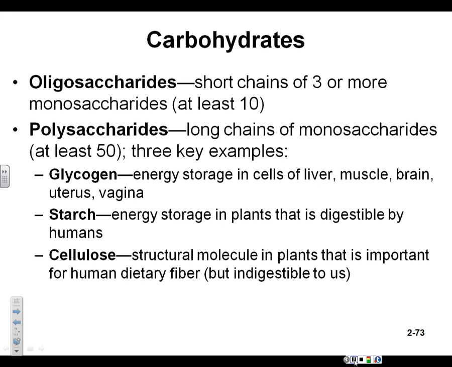So like salads, it helps to pass through our colon. We can't really break it down, but cows can break it down. Okay? So glycogen, starch, and cellulose are polysaccharides. So these are long chains of monosaccharides.